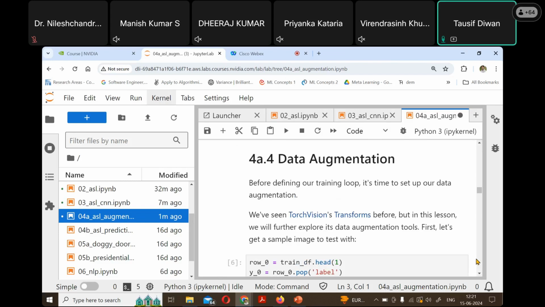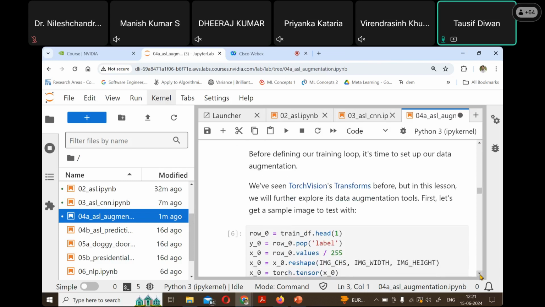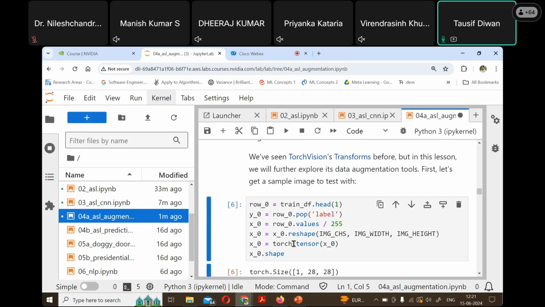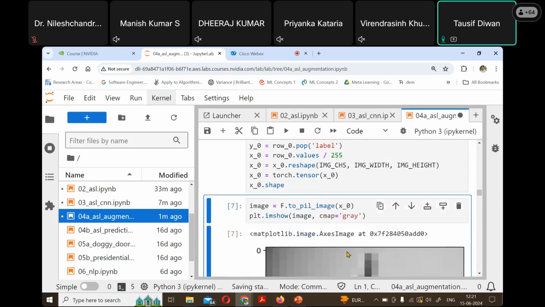Just look at this. This is data augmentation. First of all, we are taking the very first image from the training data. It is passed to this row 0. We will remove the label. We will normalize it. We will reshape it. We will perform this, convert it into a tensor, and then we will print the shape.